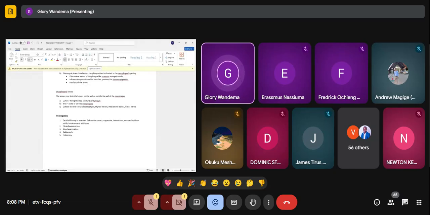Then we have to do blood examination. We do a full hemogram or complete blood count. You check if there's anything like Plummer-Vinson syndrome, which causes anemia, and it's common in patients with CA larynx.